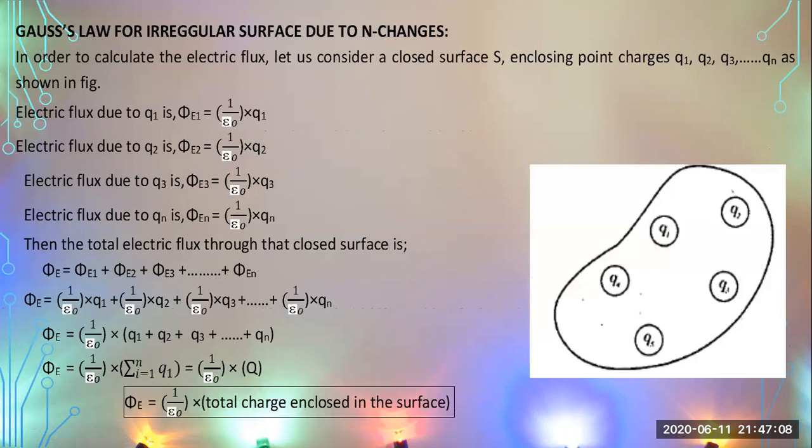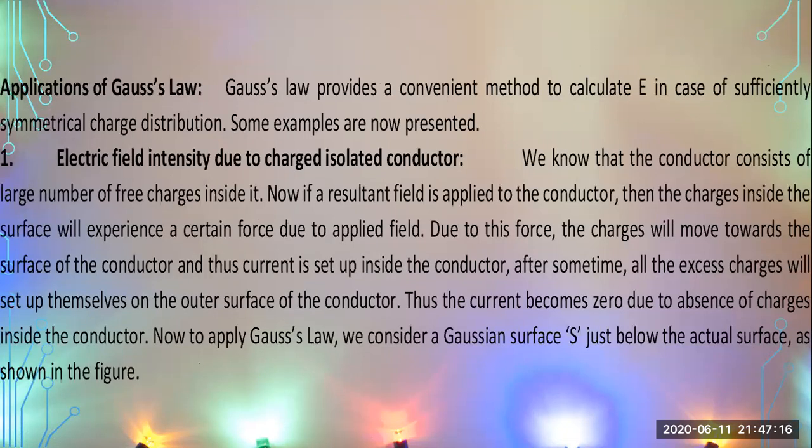Then after calculating the total electric flux through a closed surface, we are moving ahead, and I have given you some tasks to go through and revise the applications of Gauss's law which we have discussed today. We have covered at a small level the basic concept of calculating electric field intensity due to a charged isolated conductor, and we will go through the mathematics to clearly understand how the electric field intensity is calculated in case of an isolated conductor.